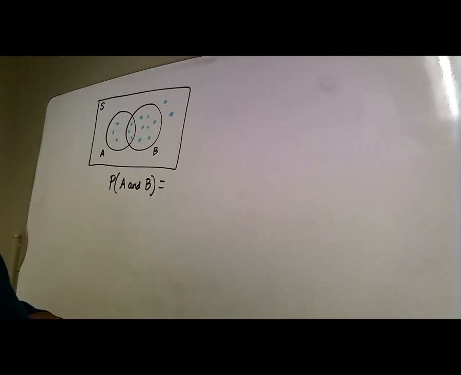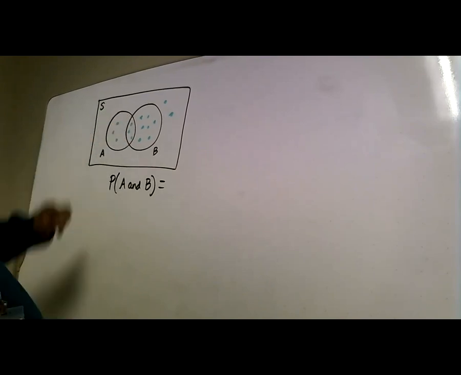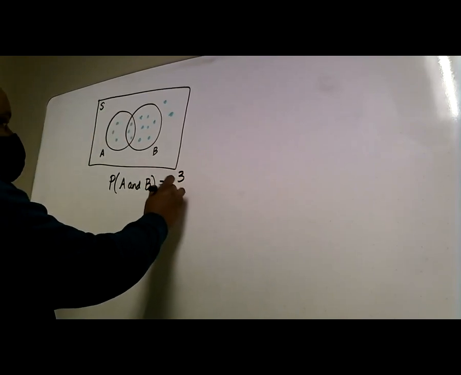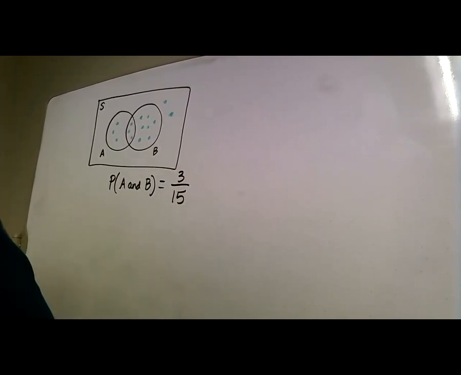How many dots are in A and B? The intersection. For the intersection. Yeah, 3. And the total number of dots we established is 15, so that's 3 out of 15.